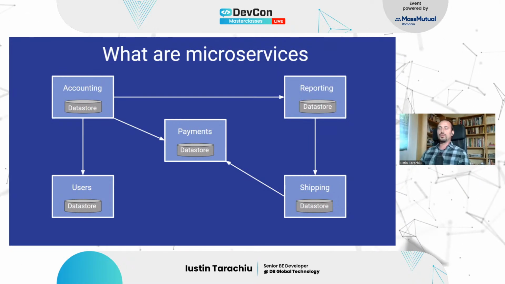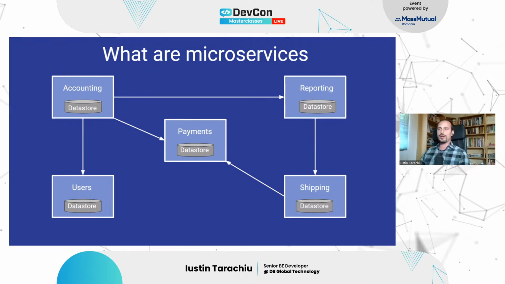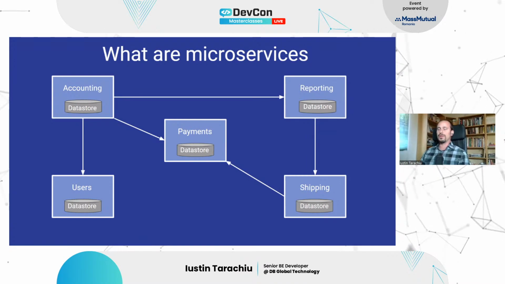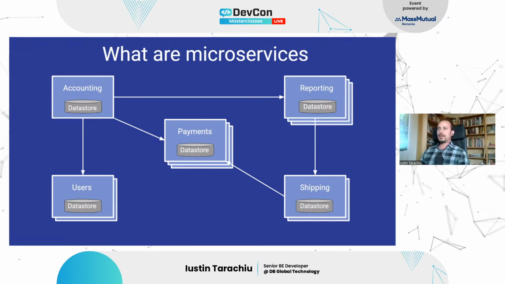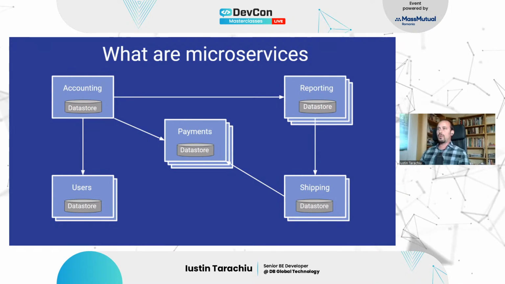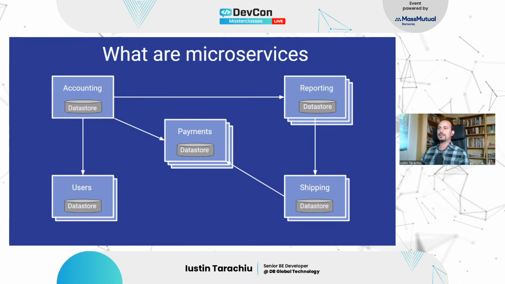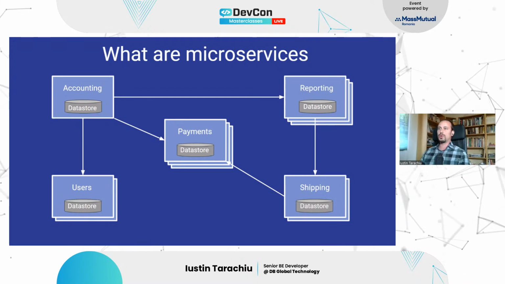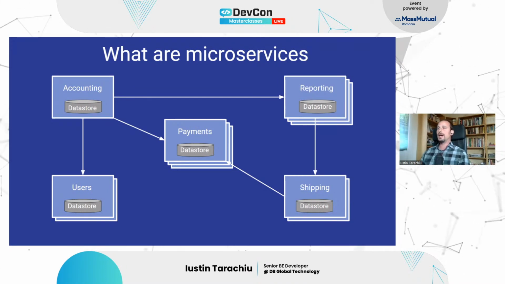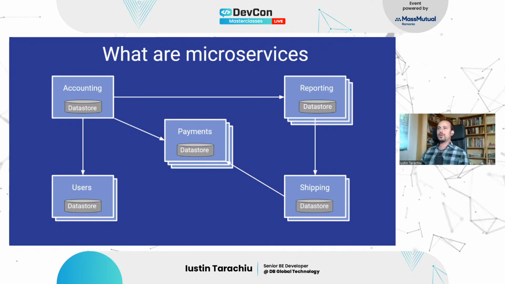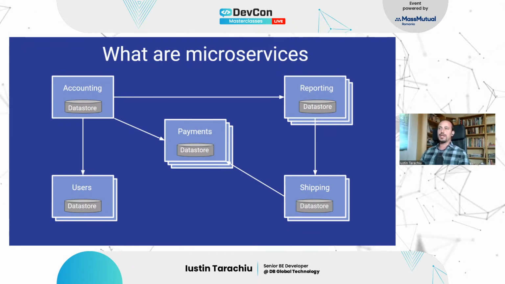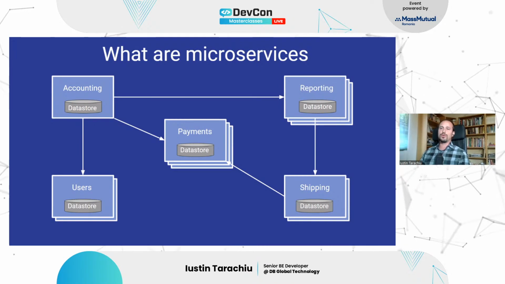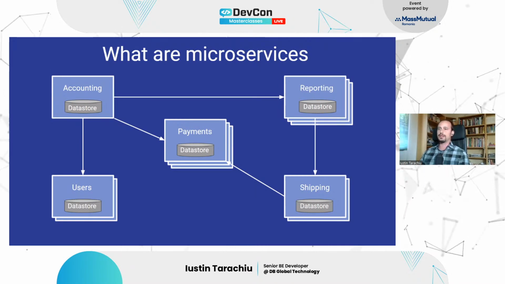They communicate with each other only through the API. The advantages are quite many. For one, each microservice can be scaled up according to its needs. And also they could be assigned to different teams, and each team can have its own set of microservices to develop and to take care of.